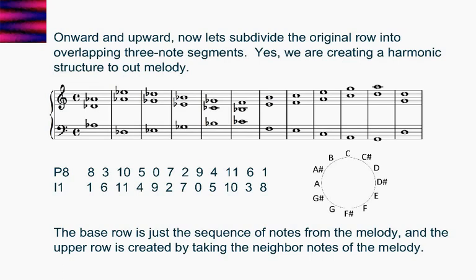So how is that actually accomplished? Well, you can see the bottom row is essentially just taking 8, 1, 3, 6, 10, 11, and marching across. That was our melody essentially.